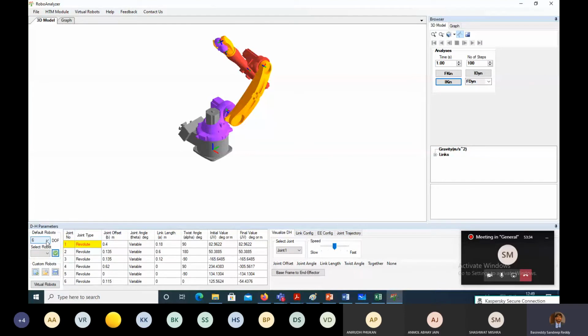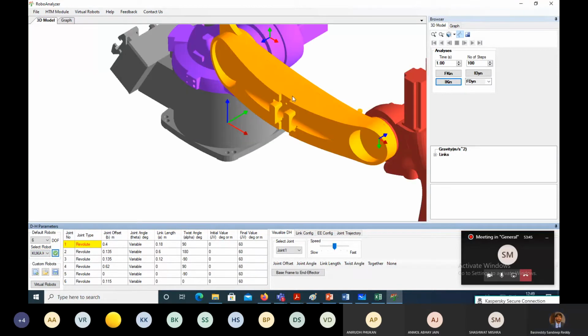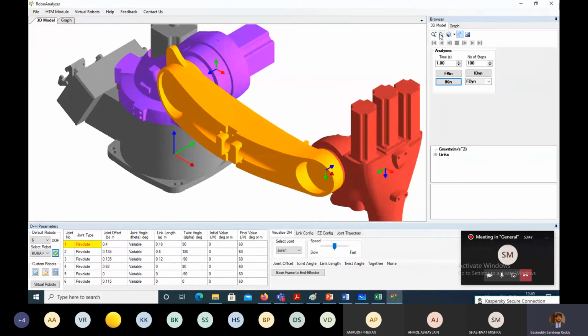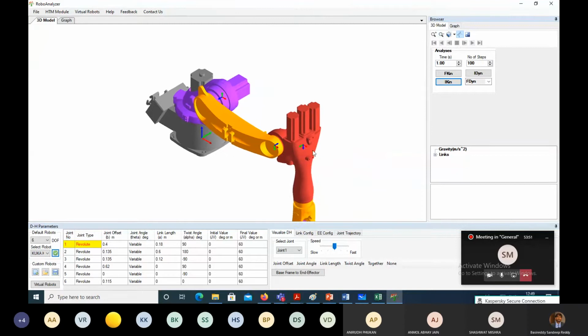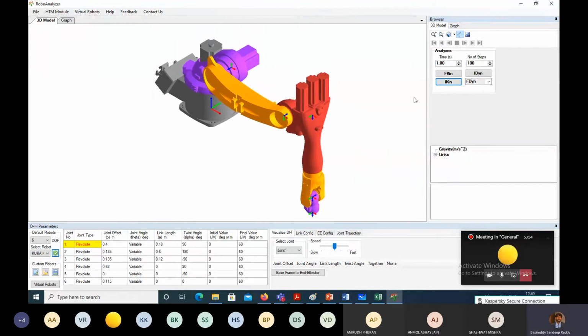Right, so I'll just do this again. Just go to 6 degrees of freedom, then on the left hand side you can see KUKA KR5 arc and click load selected robot. So you will get such a robot. You can use this to zoom out a little bit. Right, now click on inverse kinematics.